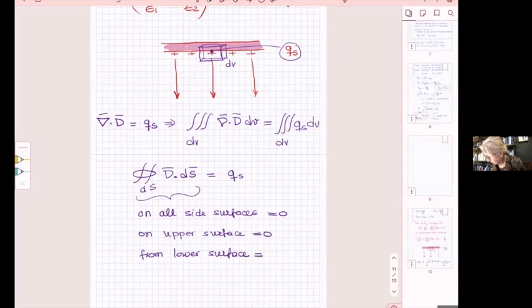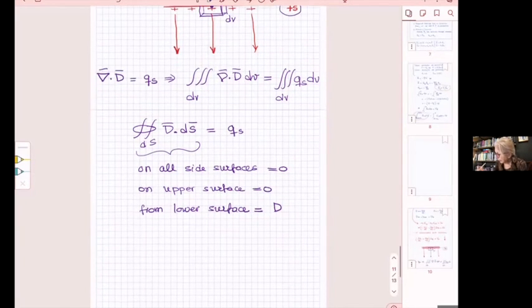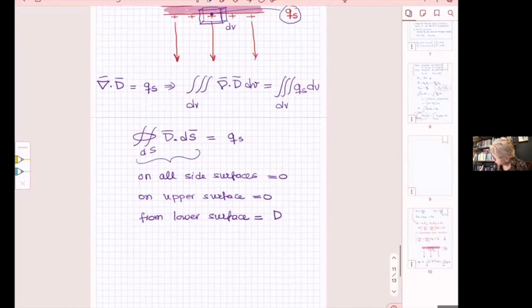So from there it is going to be Q. Excuse me, D, because I'm around exactly that point. And this is D vertical, all right?